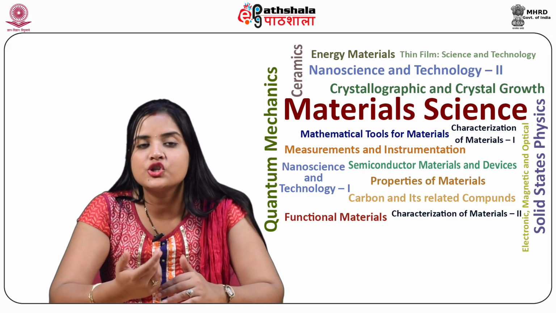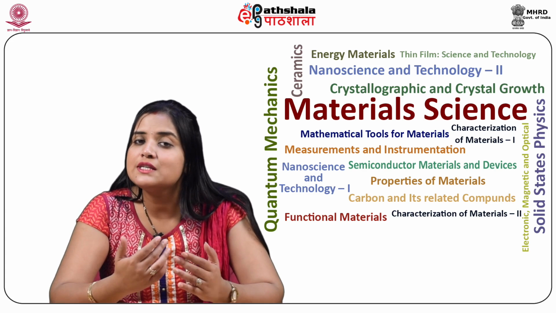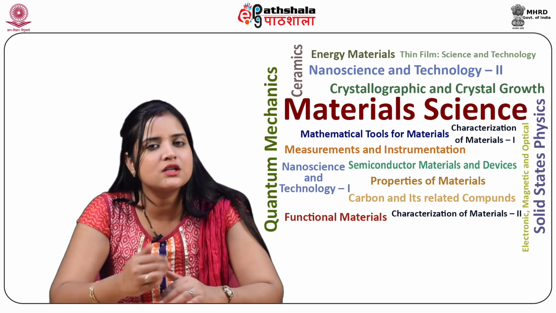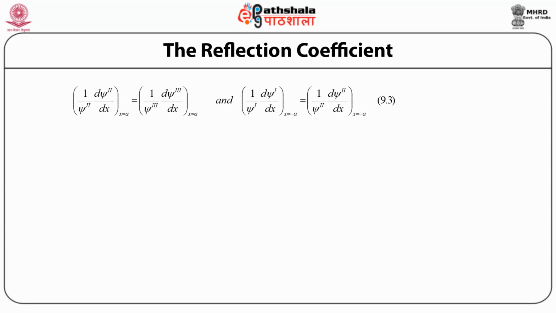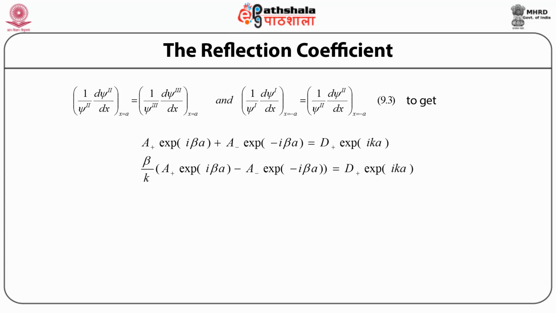We first determine the ratios a minus divided by a plus and c plus divided by c minus by solving successively the equations 1/psi in region 2 into d psi 2/dx at x equal to a is equal to 1/psi in region 3 into d psi 3/dx at x equal to a, and 1/psi 1 into d psi 1/dx at x equal to minus a is equal to 1/psi 2 into d psi 2/dx at x equal to minus a, to get a plus e^(iβa) plus a minus e^(−iβa) is equal to d plus e^(ika).